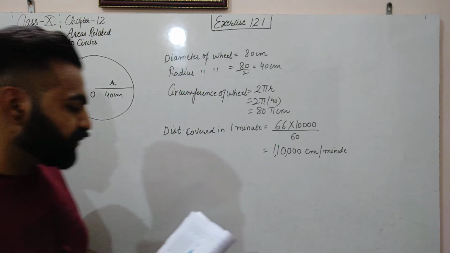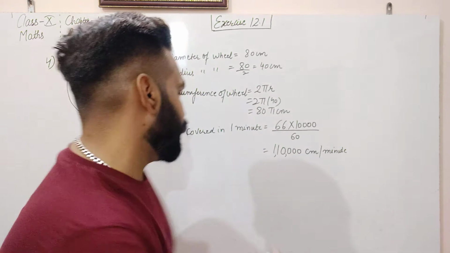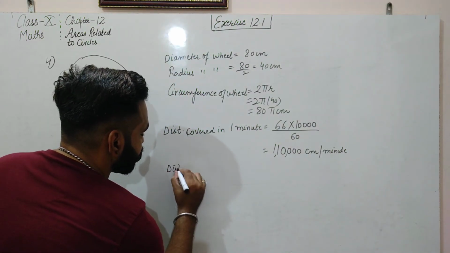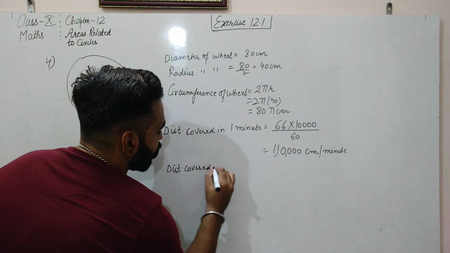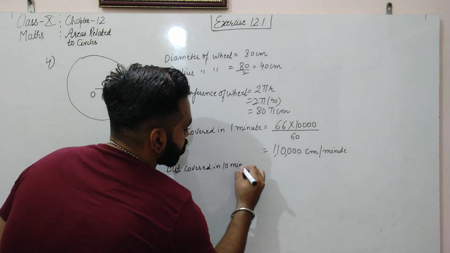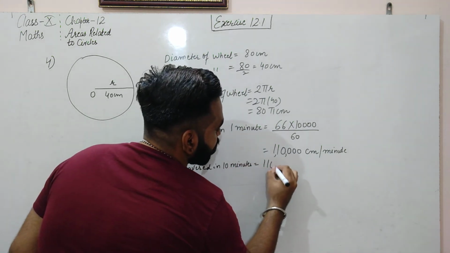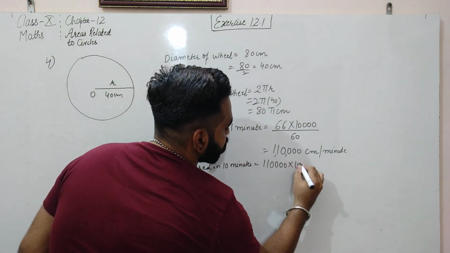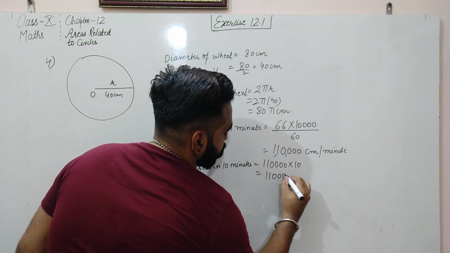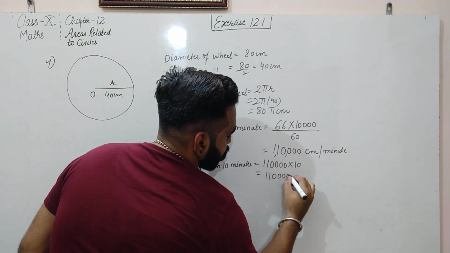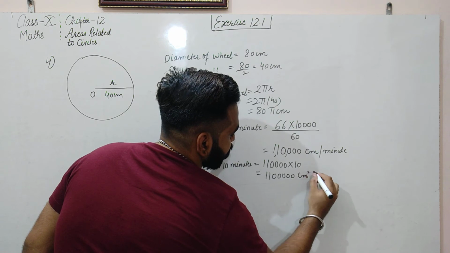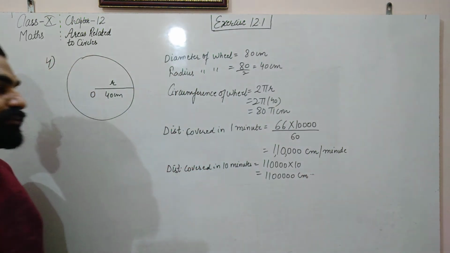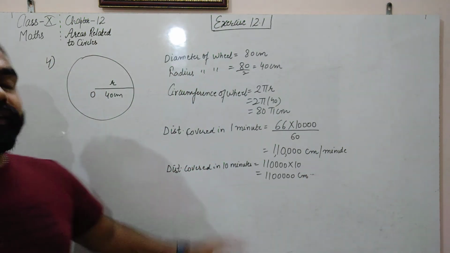Clear? Now we have to find the distance covered in 10 minutes. So we will multiply this by 10. This will be in centimeter. So this much distance the wheel will cover in 10 minutes.